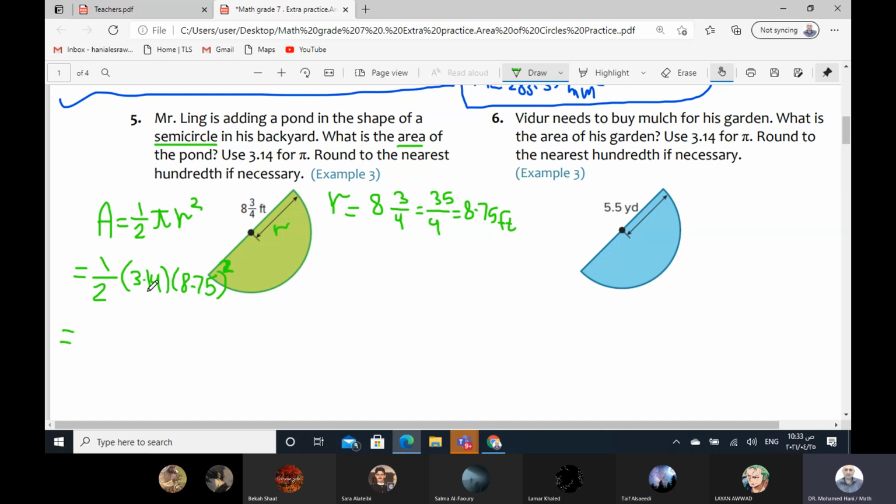Now we can calculate. We have here 1 times 3.14 times 8.75 squared, which means 8.75 times 8.75. So the answer divided by 2.